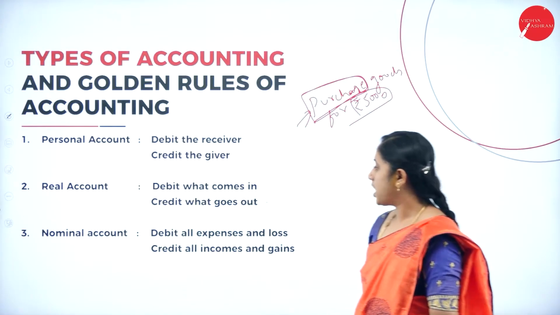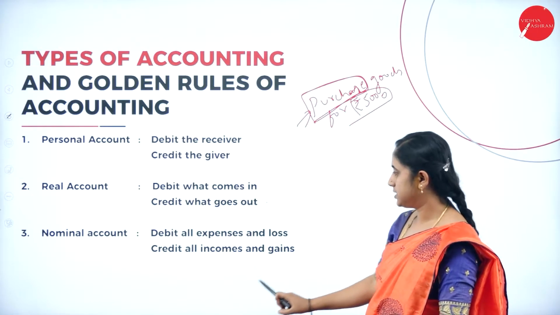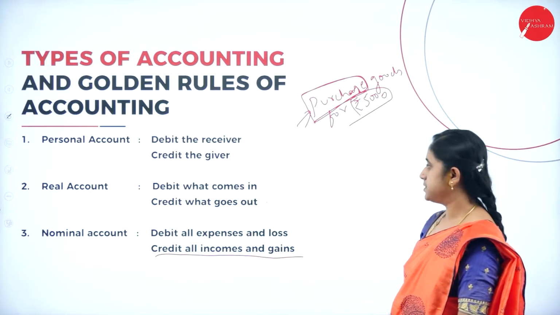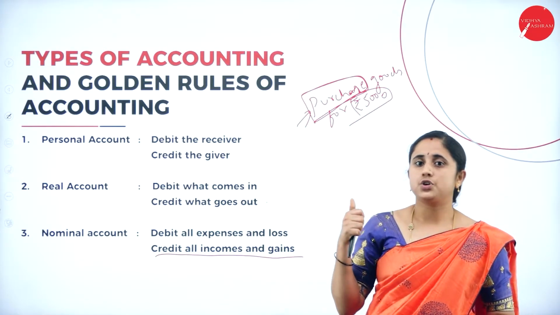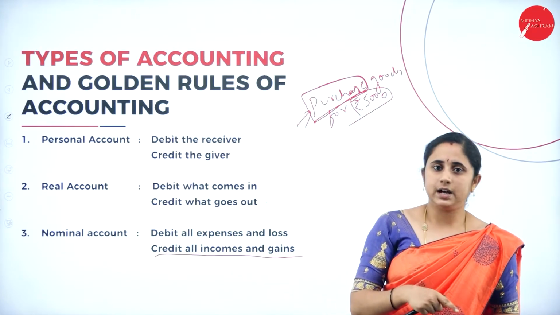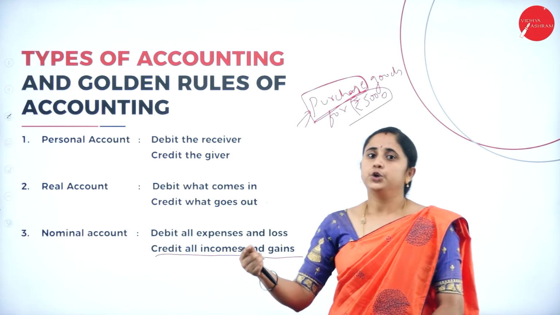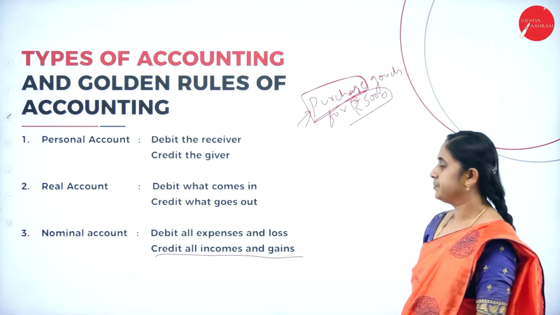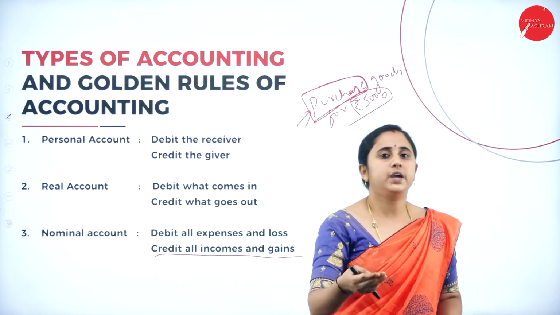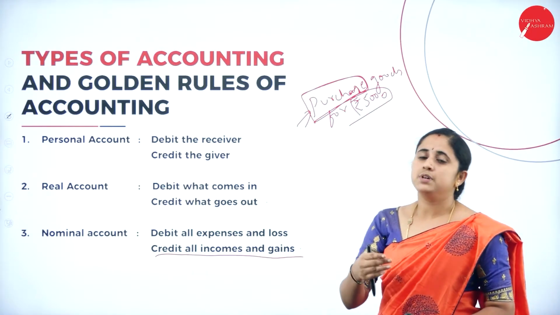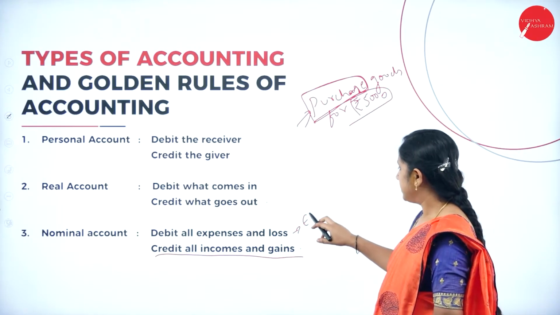Next, nominal account. Nominal account is debit all the expenses and losses, credit all the incomes and gains. If you are earning any profit or income, you need to credit that income. If you are paying any expenses, for example, you are paying rent, it is an expense, so you need to debit the expenses.